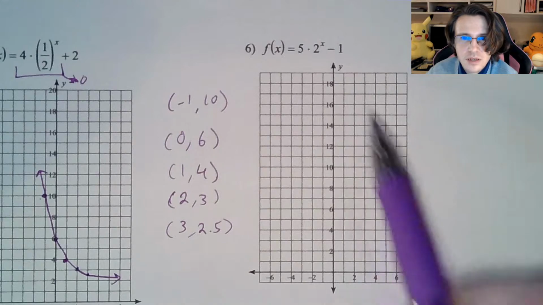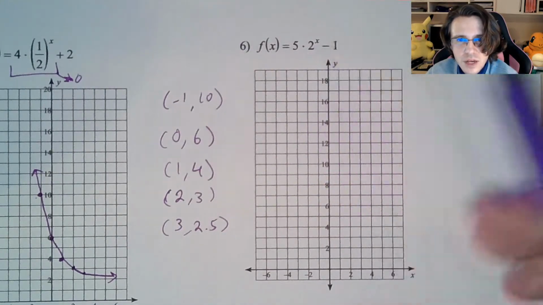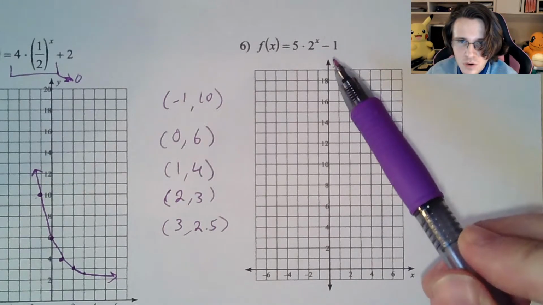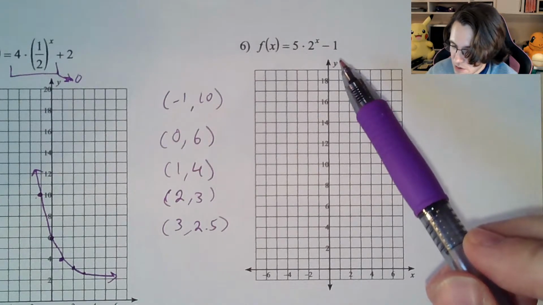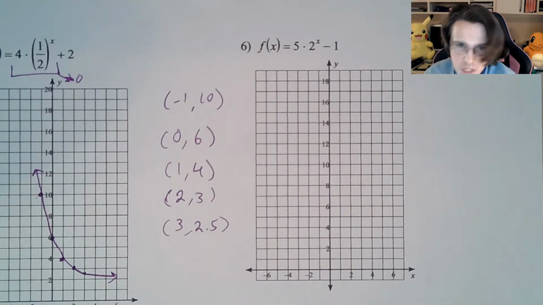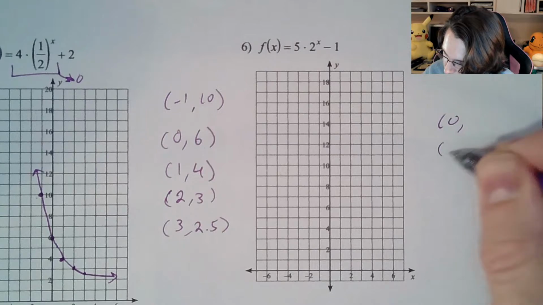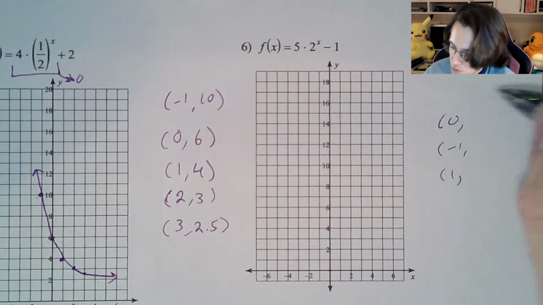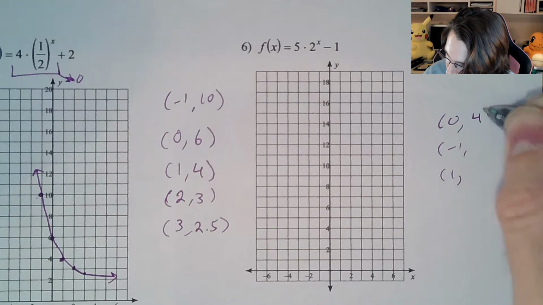Continuing on, number 6. So we have 5 times 2 to the x minus 1. Just like the previous question, now that -1 is happening, we actually know that that's what the graph is going to go off to. So that's like our limit, our end of it. But again, we're still plugging in 0, -1, and 1. So plugging in those same coordinates. When you plug in 0, you'll end up getting 4.